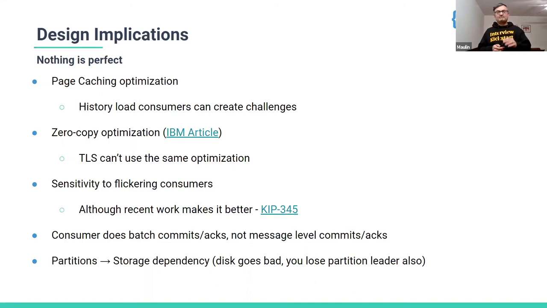The last is a contextual thing based on whether you are really on bare metal. Kafka has a broker hosting partitions on the disk, which means the broker's processing logic, compute, and your storage are tied to one broker. Which means if your disk goes down, your broker also goes down.